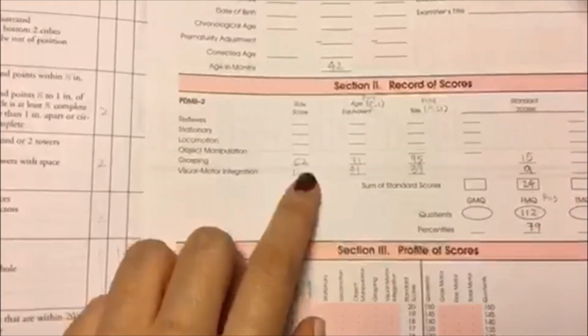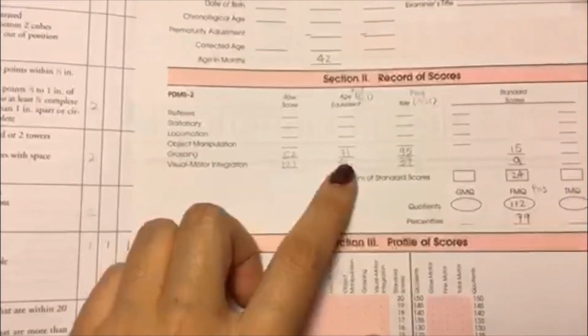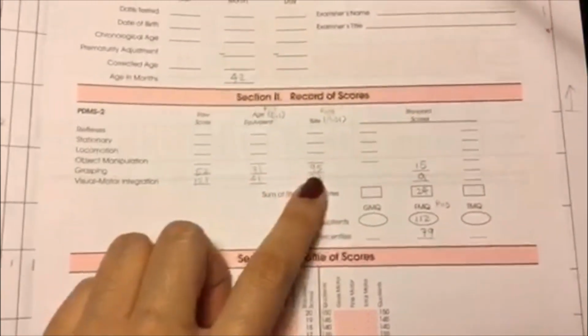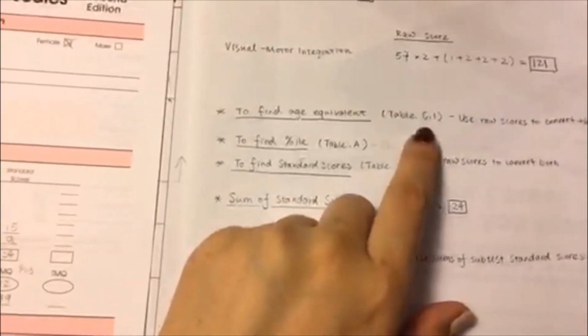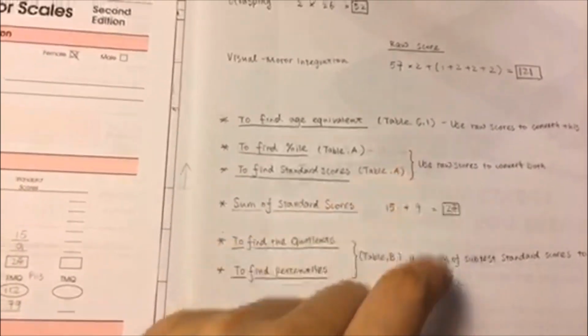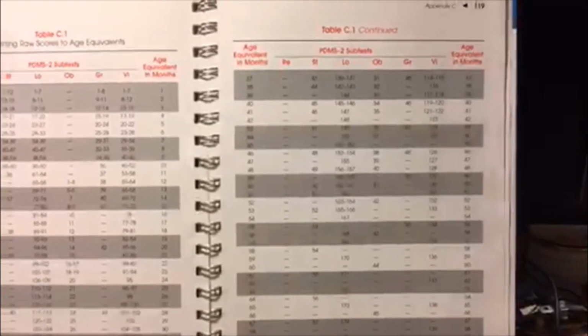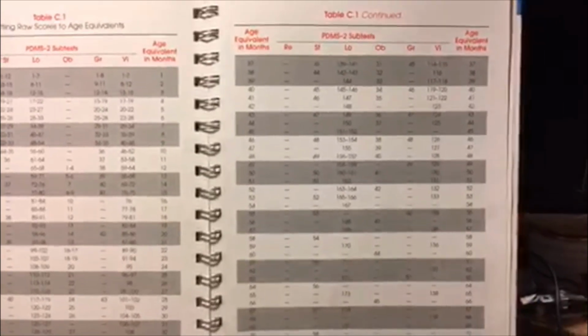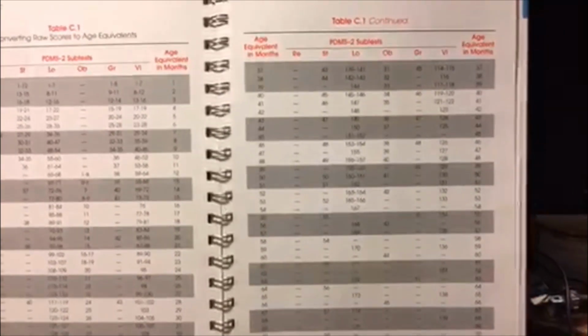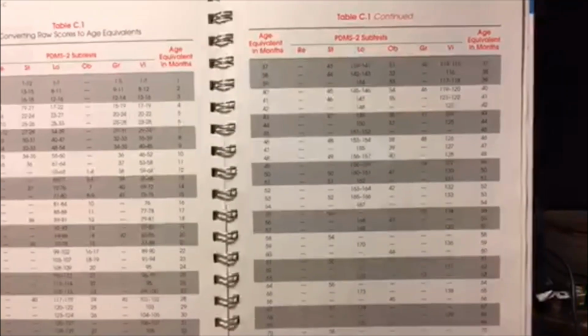Now we're gonna use this raw score to find age equivalent, percentile, and standard score. So to find age equivalent, we're gonna use our table C in the manual. Alright, so that is this right here. So we have a raw score of grasping at 52.